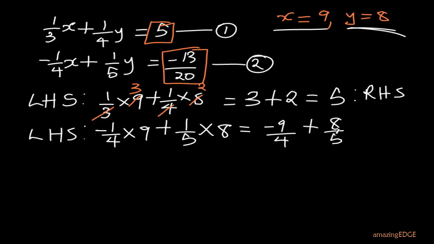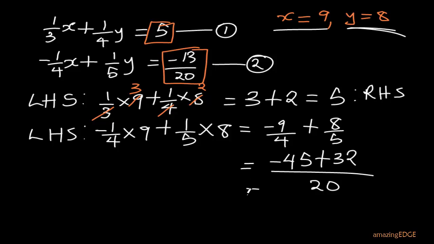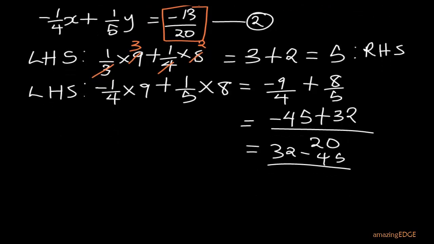Then the LCM is 20. So 20 divided by 4 is 5, and 5 times minus 9 gives us minus 45. And 20 divided by 5 is 4, and 4 times 8 is 32. So this is the same as saying 32 minus 45. Remember, it's always advisable to write the positive value before the negative value.